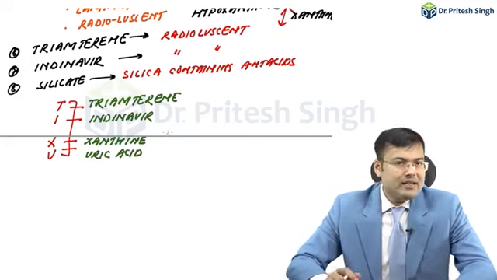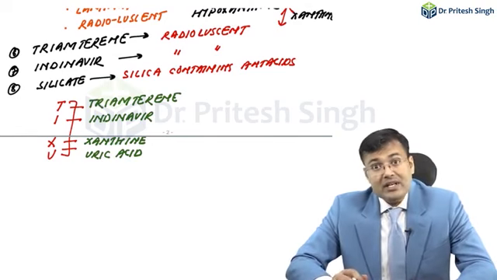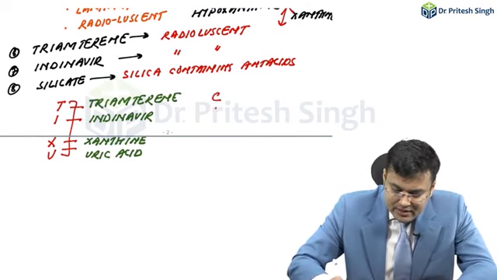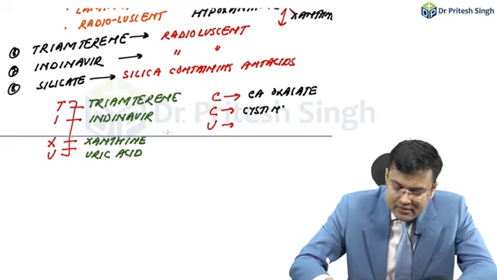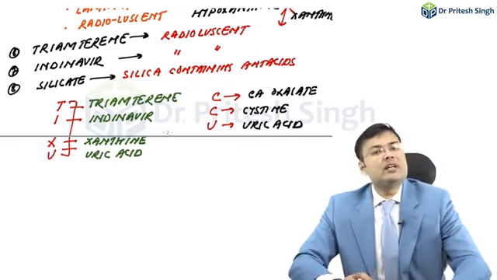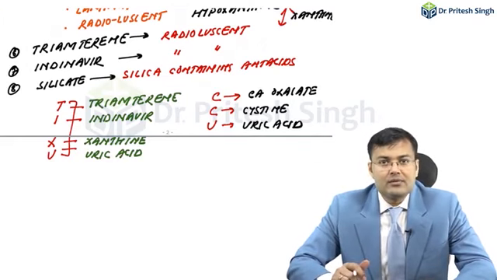Triamterene, indinavir, xanthine and uric acid. These are radiolucent. After that, questions are asked which are acidic. Mnemonic is CCU. CCU is acidic. C means calcium oxalate, cysteine and uric acid. So these are the questions which are frequently asked related to the stones.